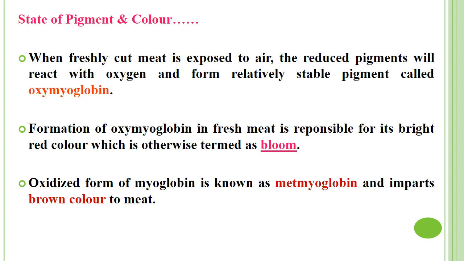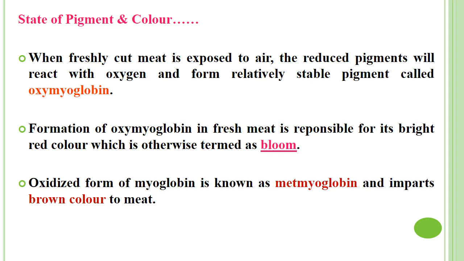When freshly cut meat is exposed to air, the reduced pigments will react with oxygen and form a relatively stable pigment called oxymyoglobin. This formation of oxymyoglobin in fresh meat is responsible for its bright red color, which is otherwise termed bloom.